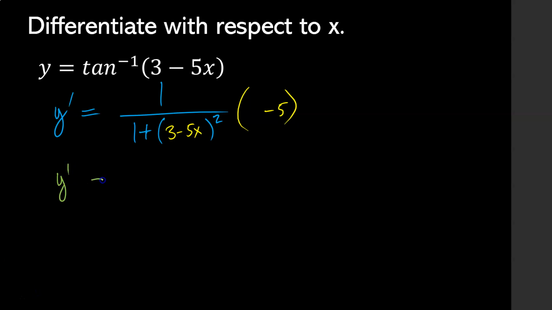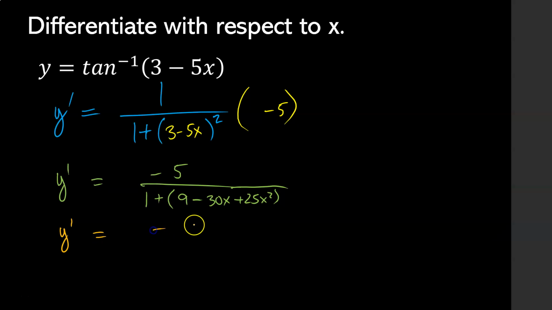So y prime is going to be -5 over, oh man, algebra stinks. So 1 plus, and maybe I'll do that with parentheses, 9 minus 30x plus 25x squared. And one more, -5 over, maybe I like a different order, 25x squared minus 30x plus 10.